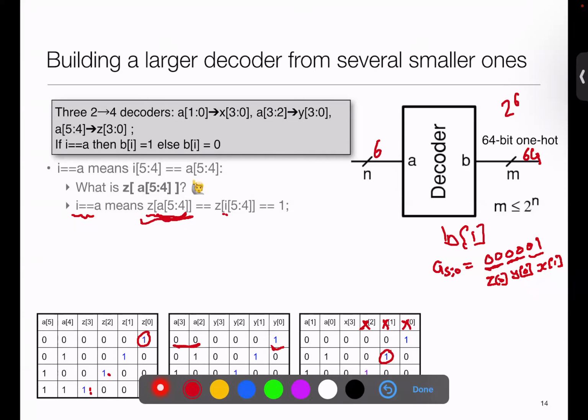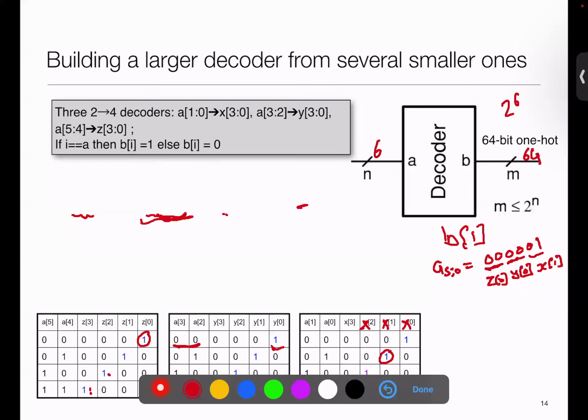So this kind of follows from that. So if A5, A4 is 0, 0, then Z0 would be 1. If A5, A4 is 0, 1, then Z1 will be 1, and so on and so forth. So this expression is basically just expressing which Z is 1. That depends upon bits number 4 and 5 of A.